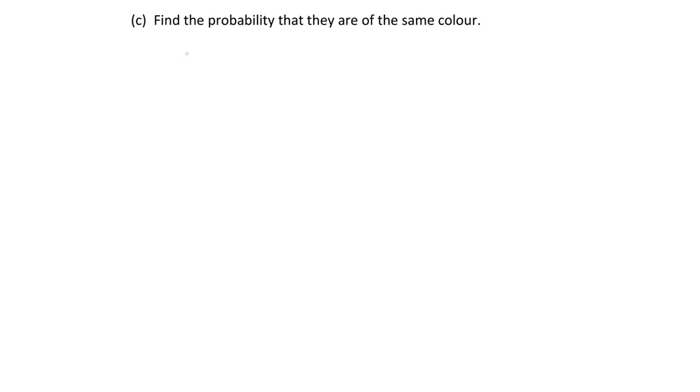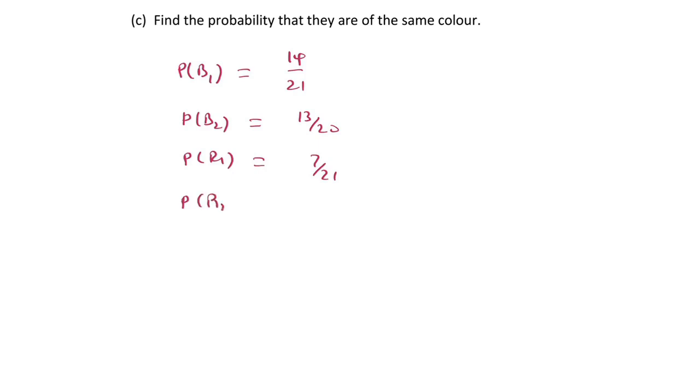So from the tree diagram, probability for the first one to be black equals 14 over 21, and probability for the second to be black equals 13 over 20, and also probability for the first to be red equals 7 over 21, and probability for the second to be red equals 6 over 20.